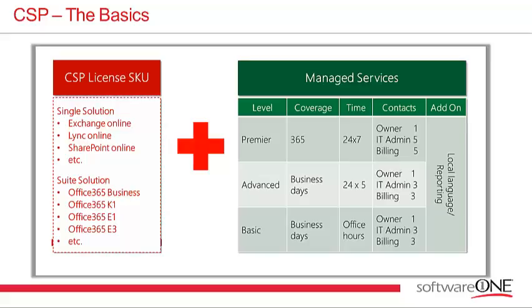A major difference within the CSP is the ability to change midstream. Conversely, under an EA, if you say, I need 250 E3 licenses, you're locked in stone. E3 is what your enterprise-wide commitment is, and you're locked in stone under an E3 for the next 3 years.